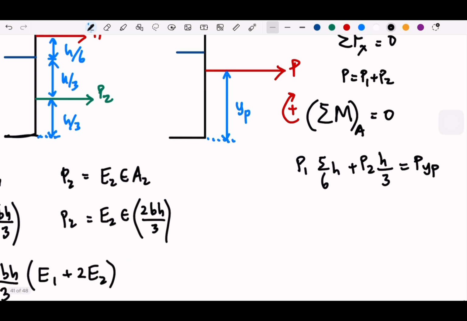And then from these equations, let me solve this for a while.